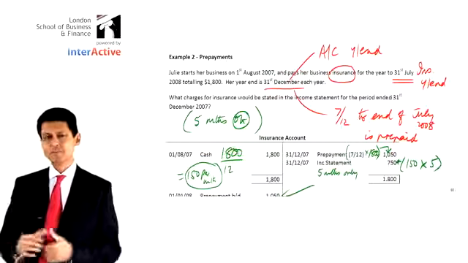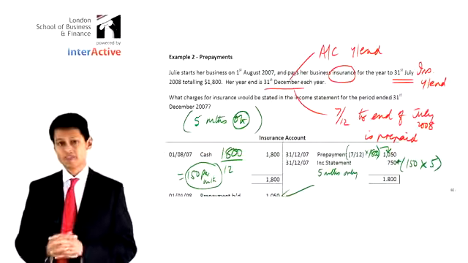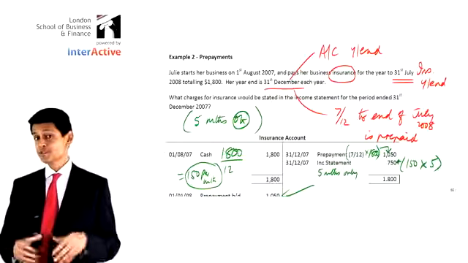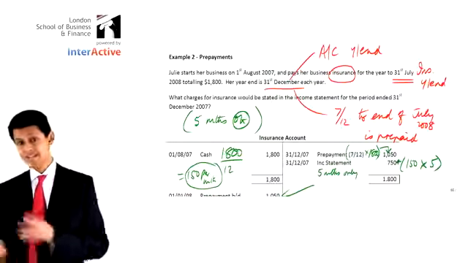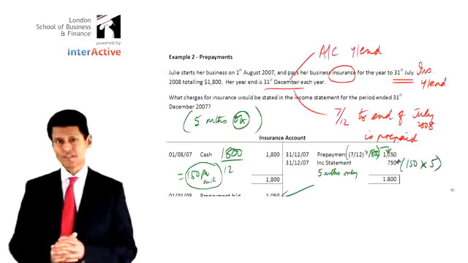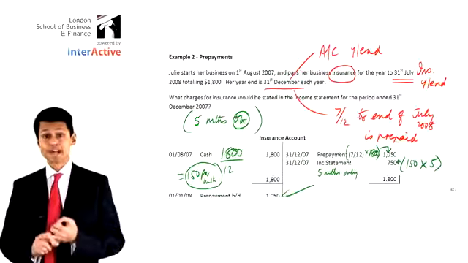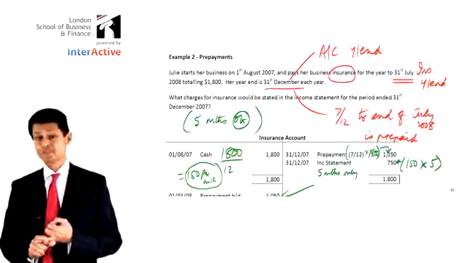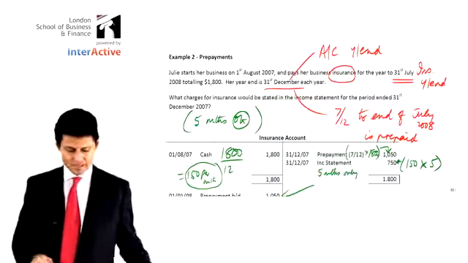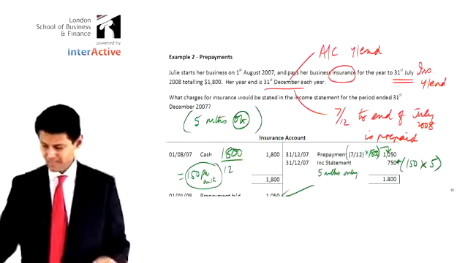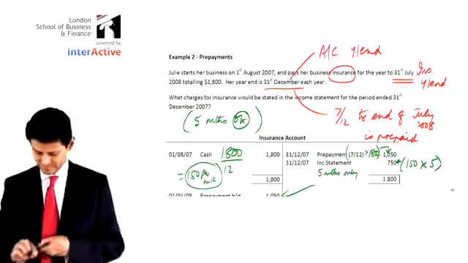So 7 plus 5, 12 months is fine. It covers your 12 months. And clearly, because you've paid 7 months in advance, you have another prepayment to carry forward. So don't forget, prepayments are current assets, accruals are current liabilities as you do your SFP. Maybe I should make that statement clear as we conclude.